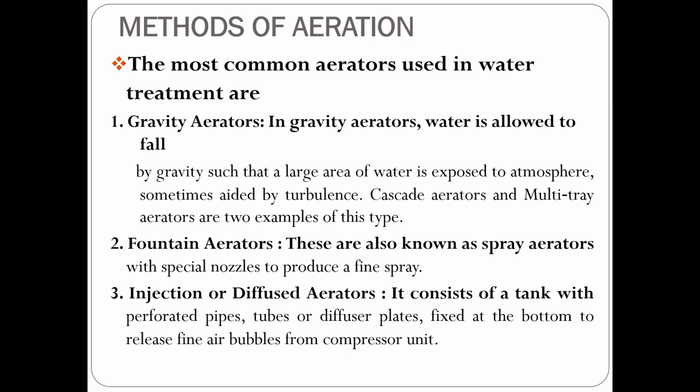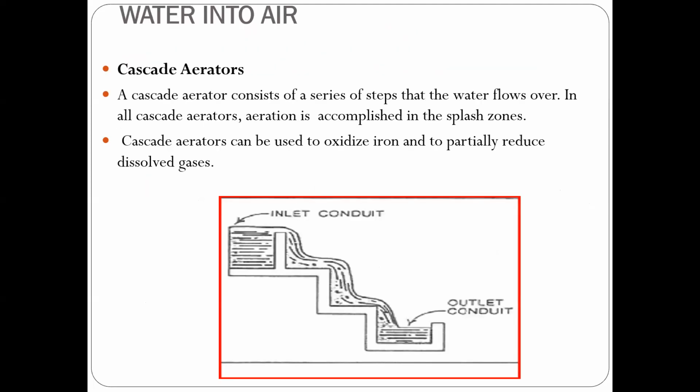Spraying results in the formation of extremely minute droplets of water, which increases the surface area of contact with the air, because of the fine spray. Spray aerators have spray nozzles located in a pool of water. I'll show you the image.